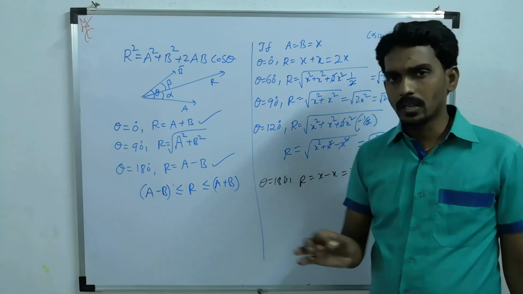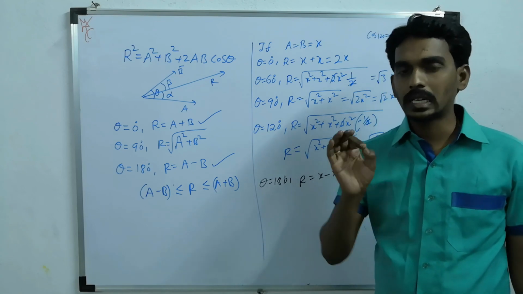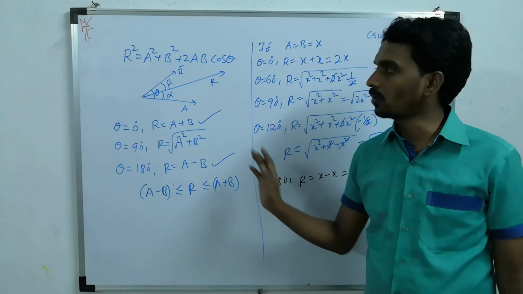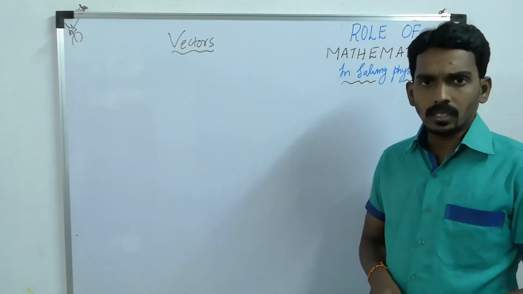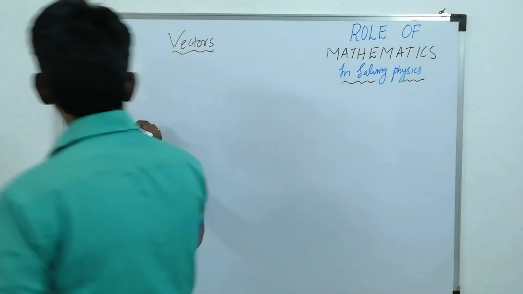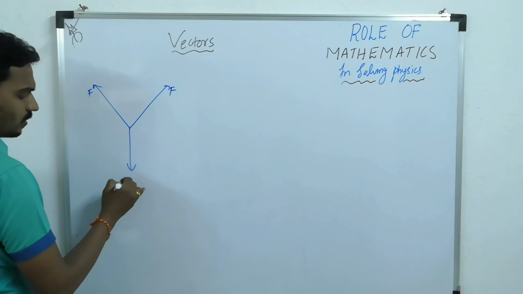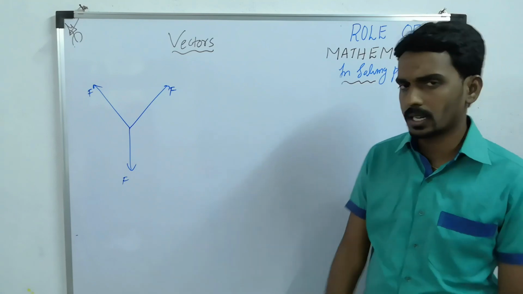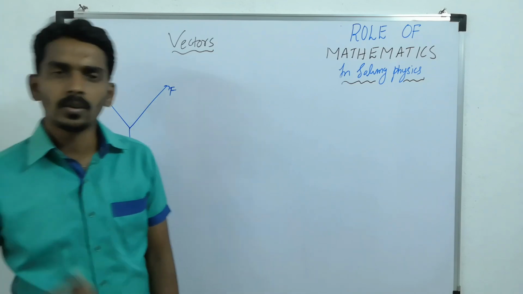Let us take only one question. Today let us solve only one question with all the clear explanation, and then we'll see whether you become confident in applying these vectors in numericals. So consider like there are three forces acting, F, F, F. Or you can take a situation like three masses placed at the three corners of an equilateral triangle.